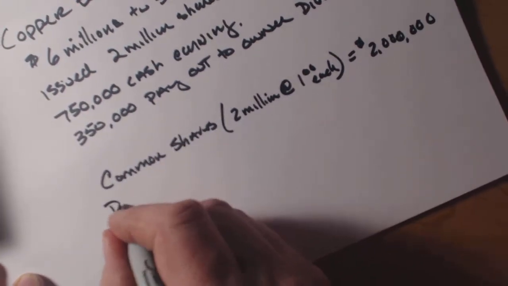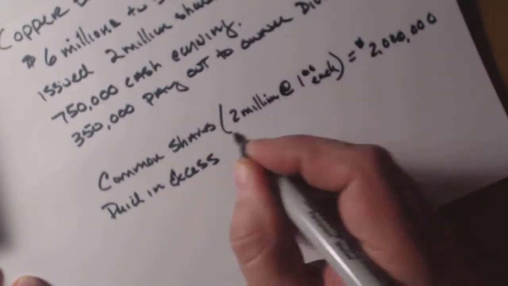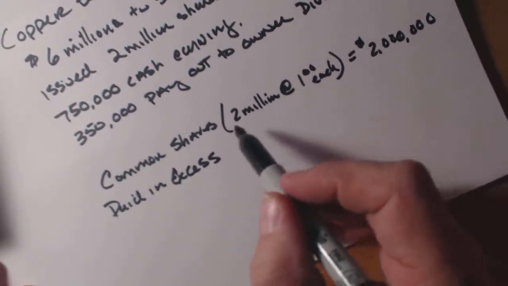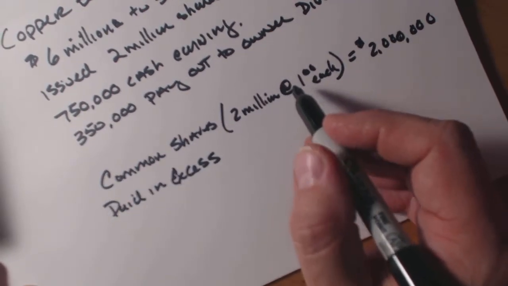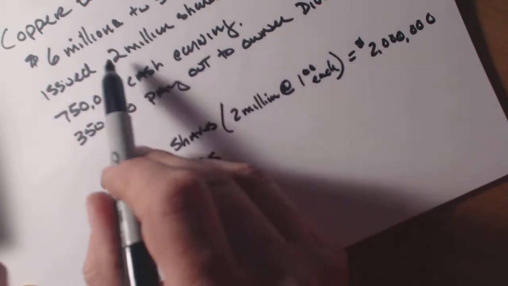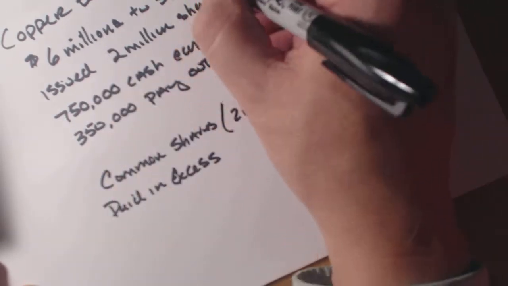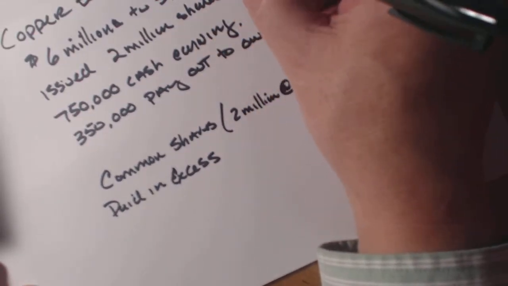Then we're going to have this thing called the paid in excess. If you remember this from the last video, paid in excess is the difference between the $1 and what it's actually valued at. So currently we put $6 million in, we have 2 million shares, and then in reality each share is worth $3 each.